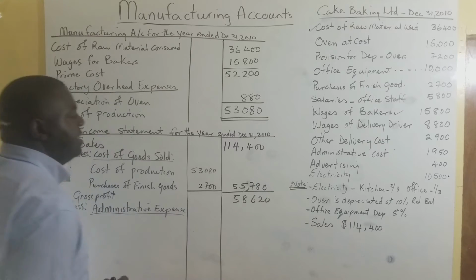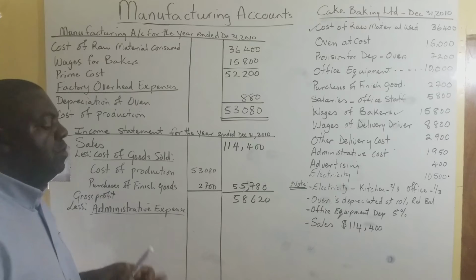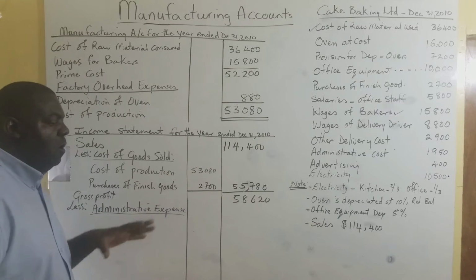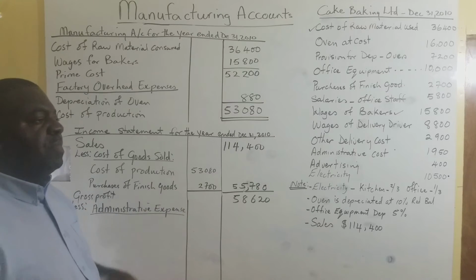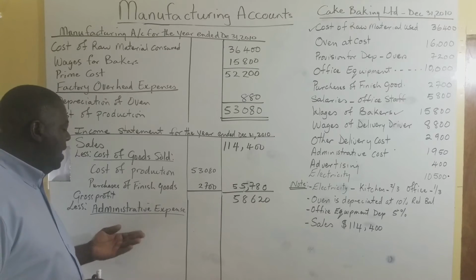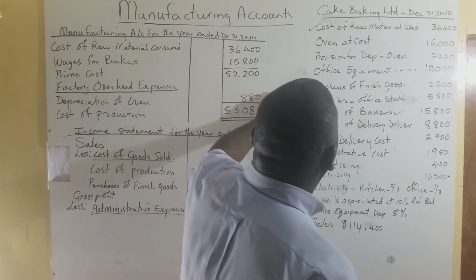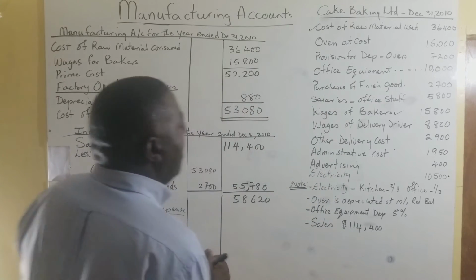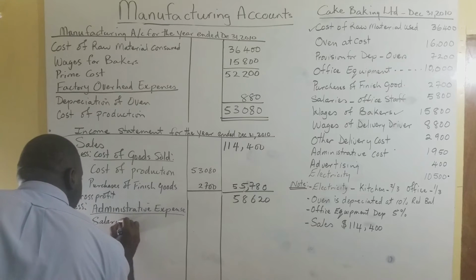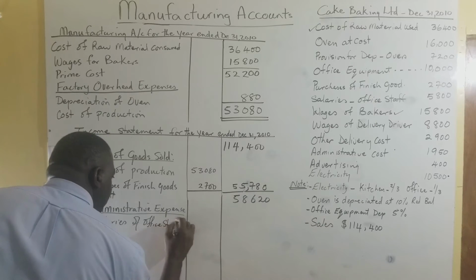Okay, there are three sections, as I said. Now, administrative expenses are all those expenses relating to the office, right? All the expenses that are incurred in the office are treated under this heading called administrative expense. In our question, we can now use salaries of office staff.